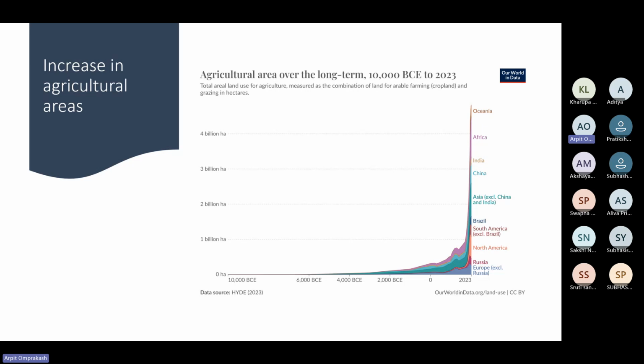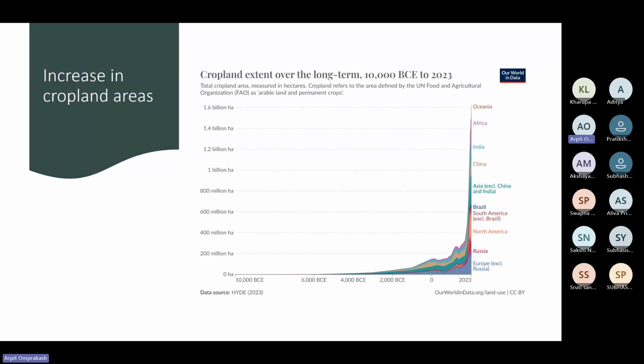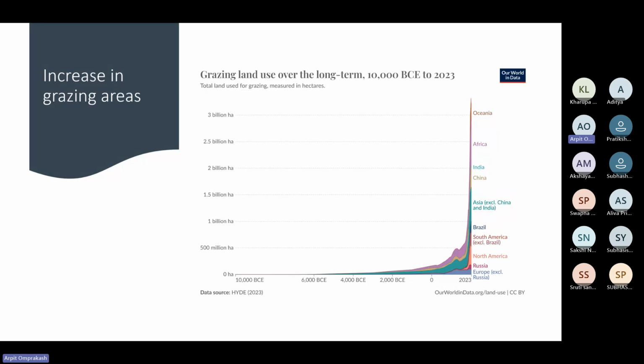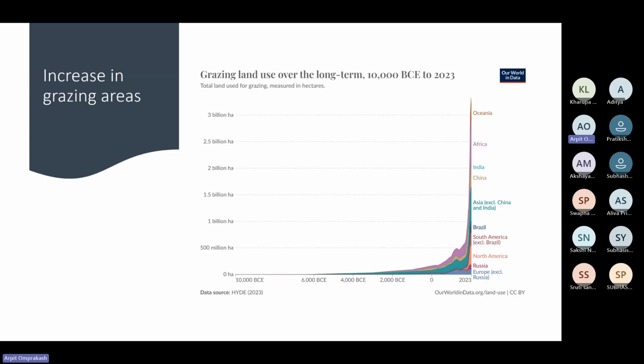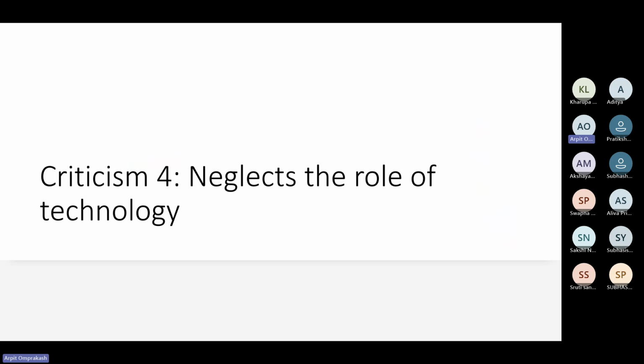So more and more land is converted to agricultural land and is now used to create food and resources to satisfy human requirements. We also see a corresponding increase in areas with croplands and areas with grazing areas basically. So this is another criticism of Malthus, where people are saying that he did not take into account that changes or increases in agricultural area is also something that will happen, that is happening.